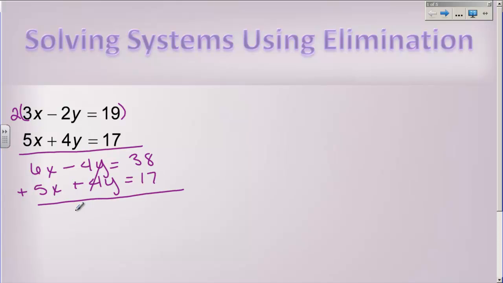So my y's cancel, so I end up with 11x equals 55. Solve that. And you should get, by dividing by 11, that x equals 5.